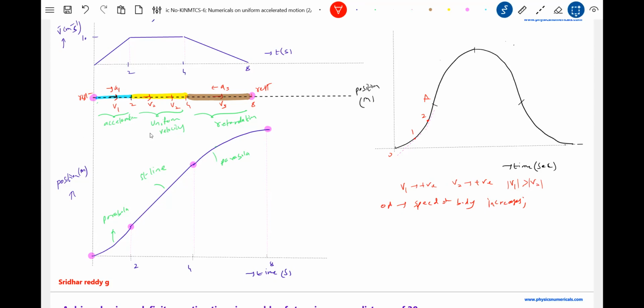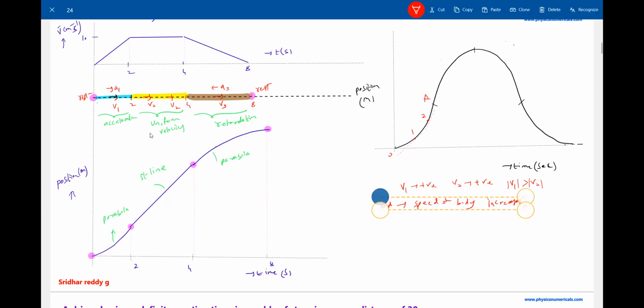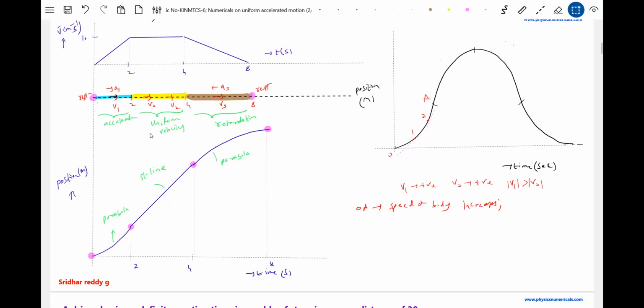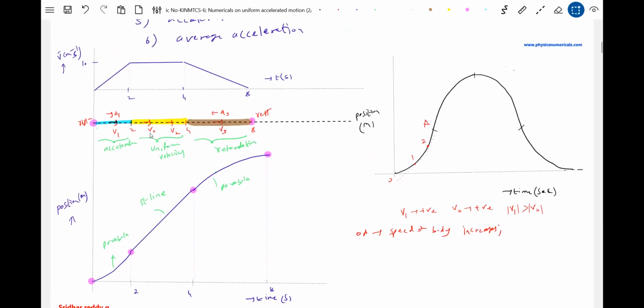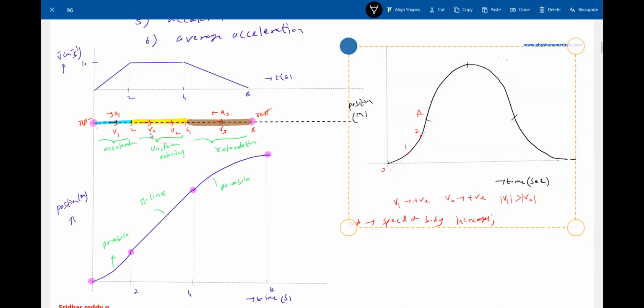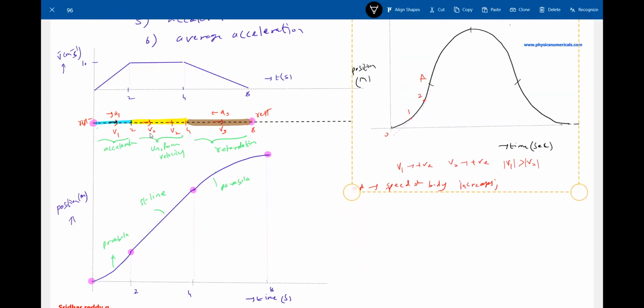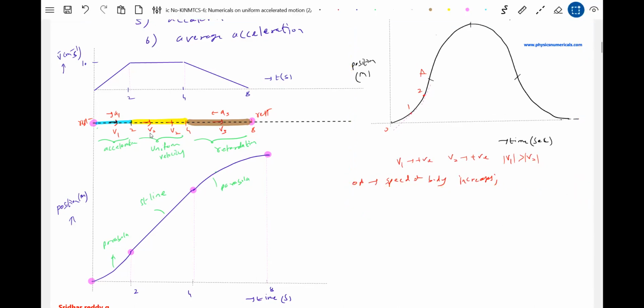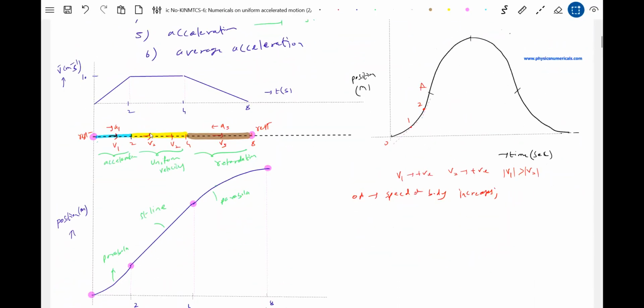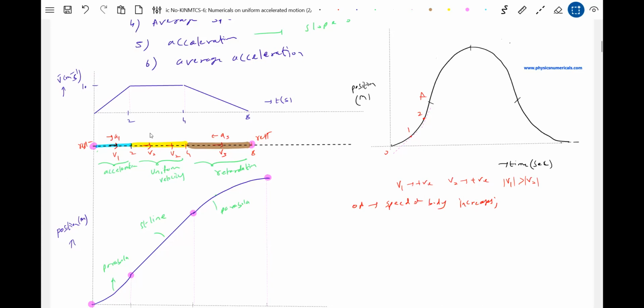For O to A, what is the comment we can put? It is accelerated, describing accelerated motion. I think I need a lot of space, and I'll push it a little bit up. Yeah, this will be sufficient.